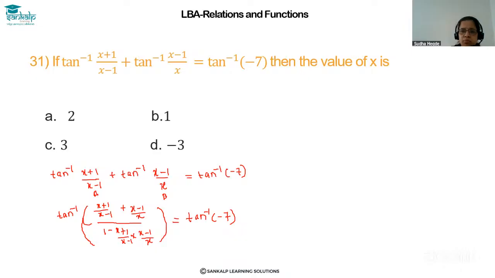Therefore, (x plus 1) divided by (x minus 1) plus (x minus 1) divided by x whole divided by (1 minus (x plus 1) divided by (x minus 1) into (x minus 1) divided by x) is equal to minus 7.